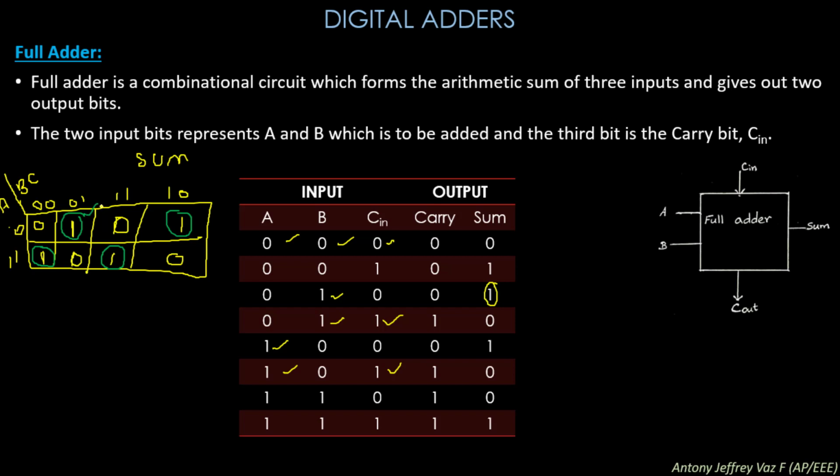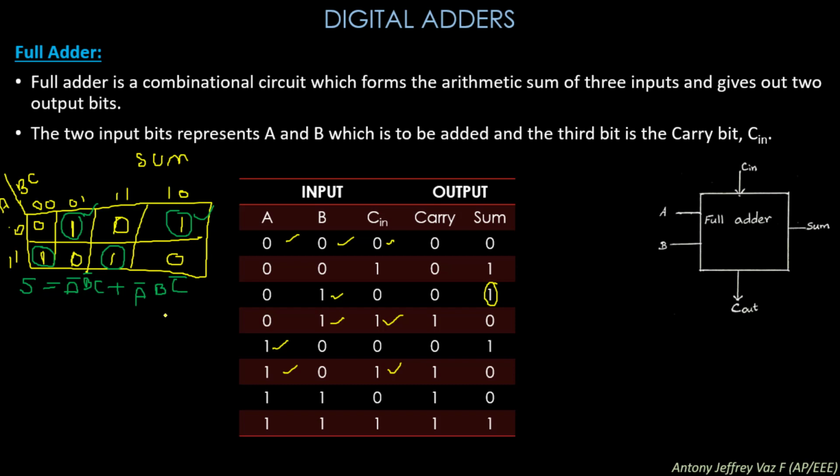For this one you will get sum equal to a bar b bar c plus, for the next thing you can see b is 1, c is 0 and a is 0. So what happens here, you will get a bar b c bar.